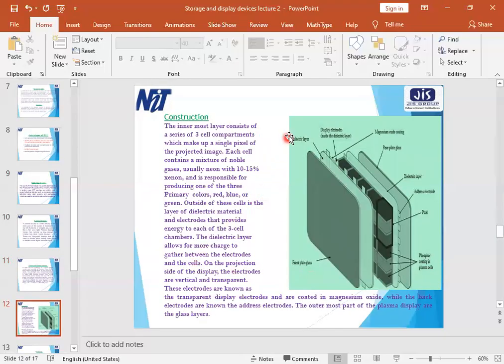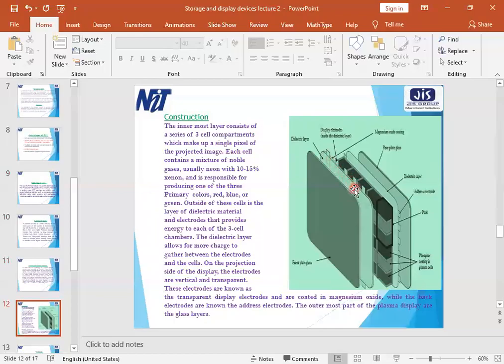Now the construction of plasma display. You see, these are having the three layers. So any plasma display is having three layers. So the innermost layer consists of a series of three cells compartments, which make up a single pixel. Each cell contains, you see here it is written display electrodes.